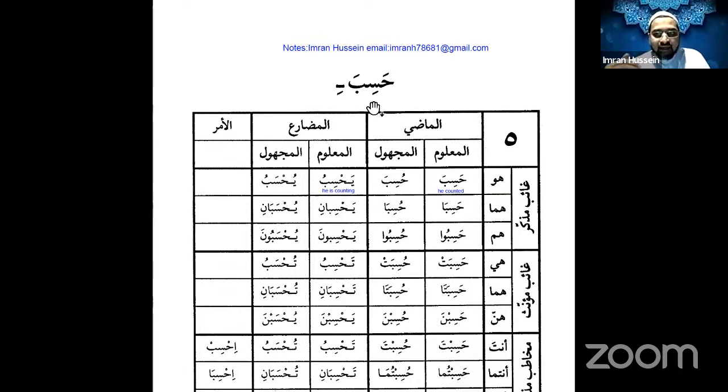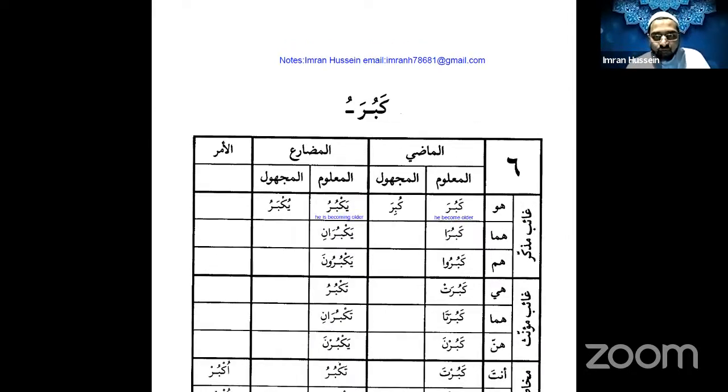Now the middle letter is coming with a kasra, and the present tense is also coming with a kasra. Now this is alima, ya'lamu, hasiba, yahsibu. And the sixth one is kabura, yakburu. So these are the 6 patterns. Now all of the verbs in the Arabic language, as long as they are 3 letters, will fall within these 6 patterns itself.